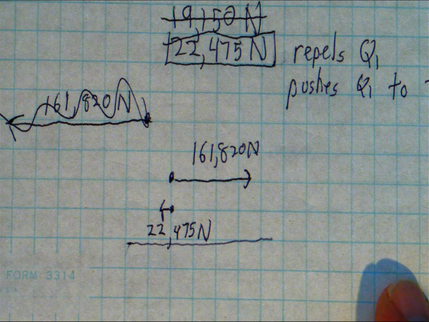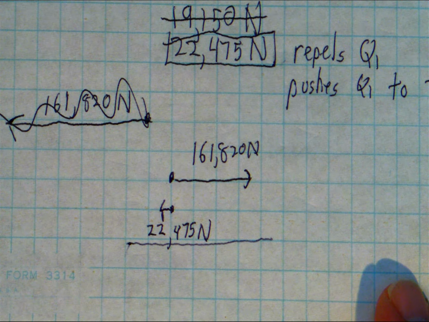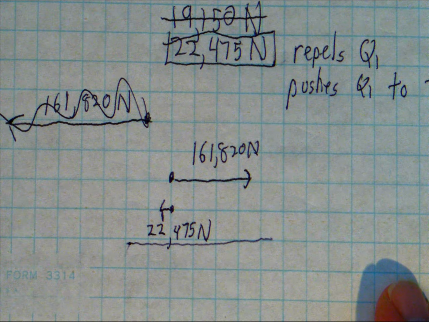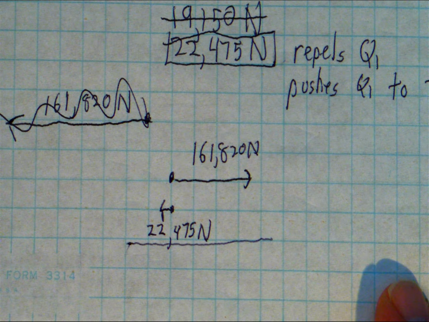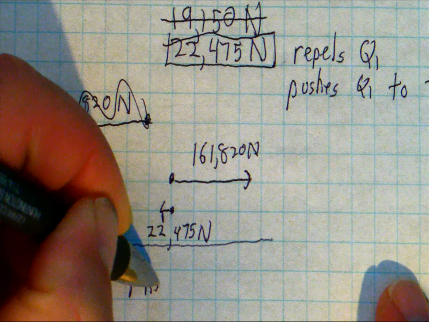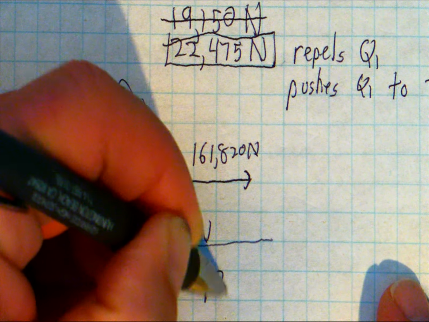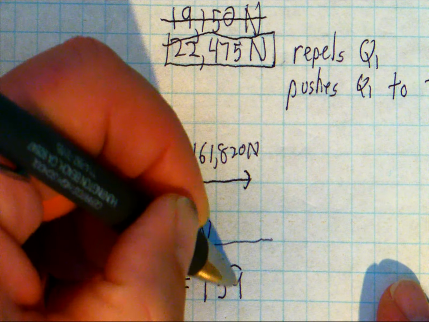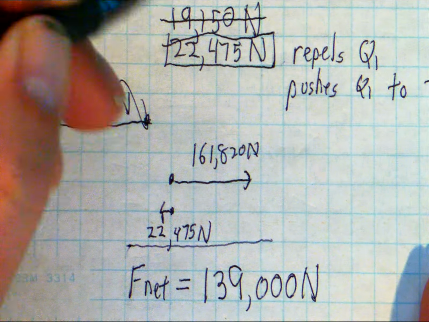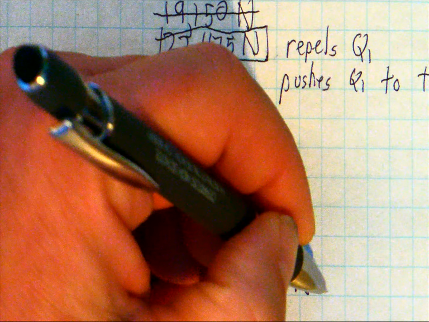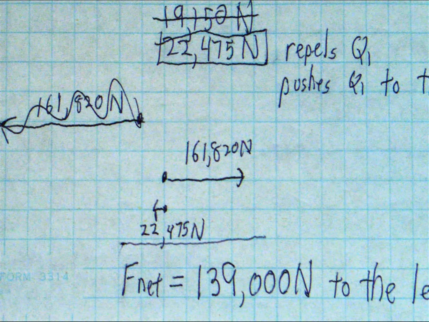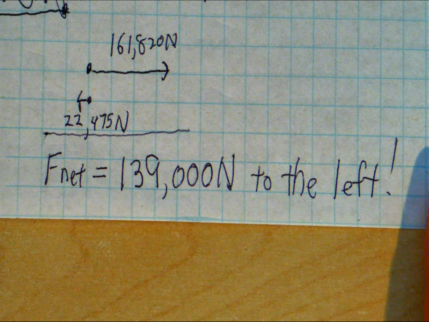So I need to take the mathematical difference of these two numbers, 161,820 minus 22,475. Ignoring all the rules of sig figs for the moment, I get a net force of 139, and let's finally round it off to 3 sig figs, 139,000 newtons to the left.